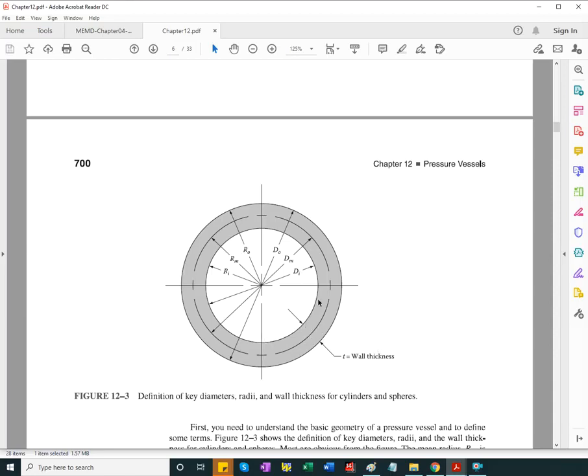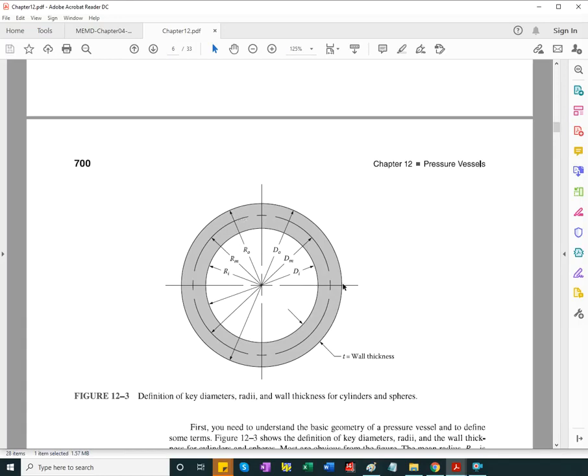And I warn you, this is where students make mistakes invariably. Some students do not pay attention to what relationship exists between the inner diameter and outer diameter. If you subtract the inner diameter from the outer diameter, you get twice the wall thickness. If it's just radii, subtract the inner radius from the outer, you get the thickness.